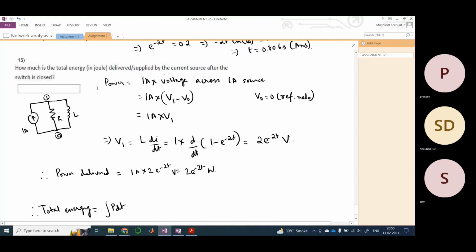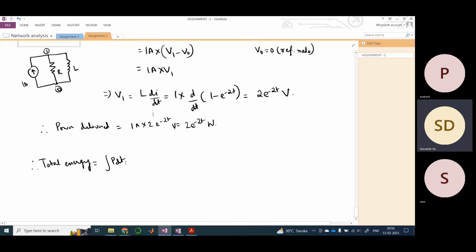See, it is telling us the total energy supplied, right? So there would obviously be a limit to this integral. This would start from 0 and go towards infinity, and I'll tell you why we chose this limit. So this would be the integral of power in joule, dt, obviously.